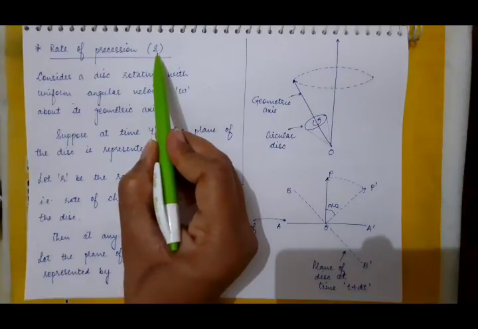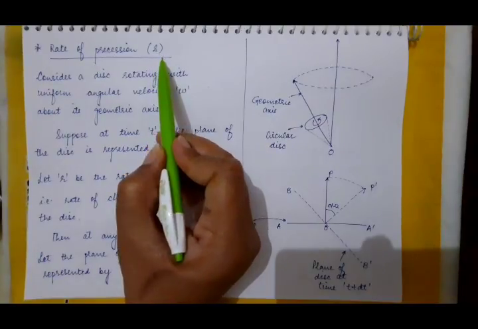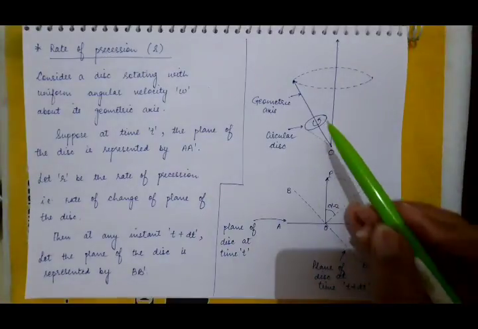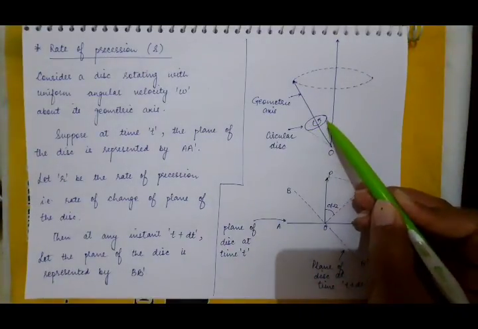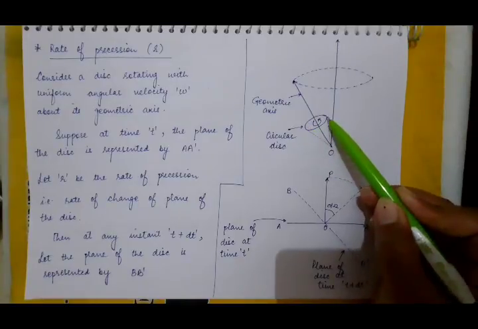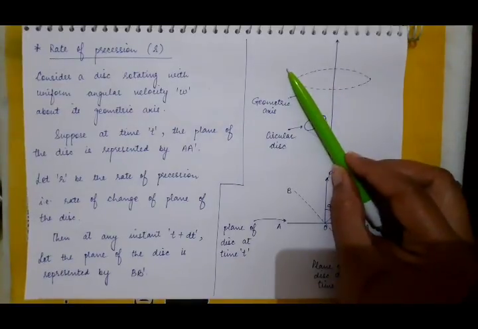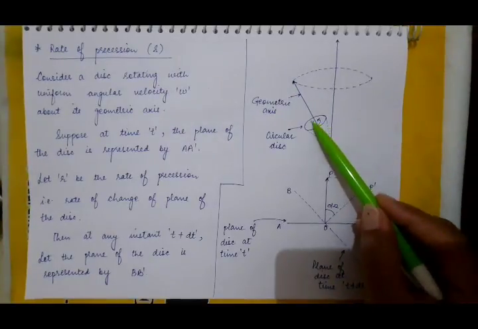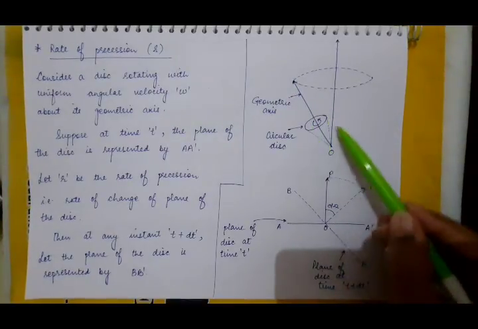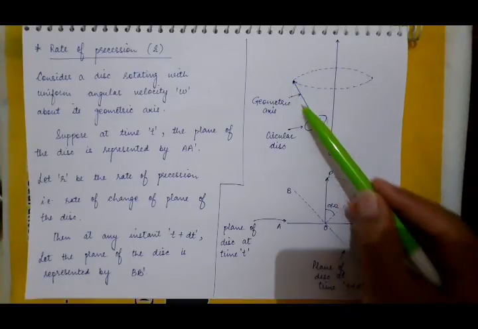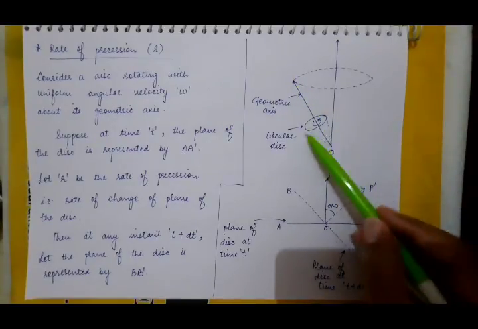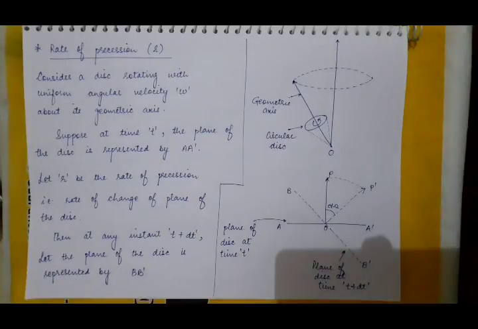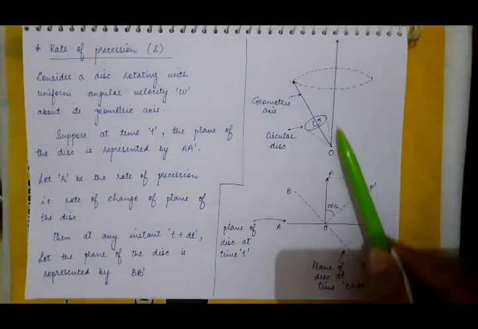To understand and derive this rate of precession r, here we are considering the example of a circular disc. This circular disc is rotating about this axis with uniform angular velocity omega in this direction, about its geometric axis. Why have I shown this axis here?